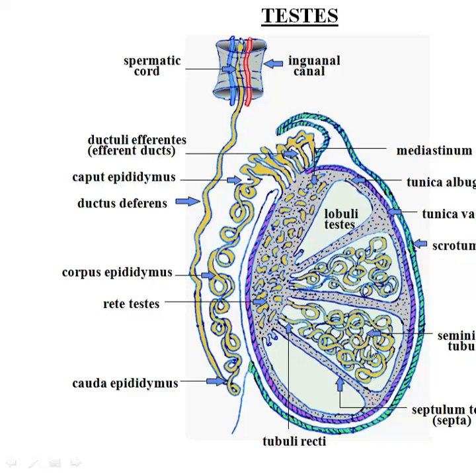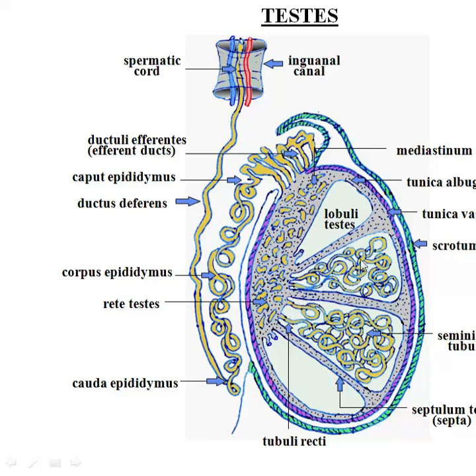We are supposed to learn the histology of this tubule, the transverse section of the seminiferous tubule, rather than the entire cross section of a testis. In the next few slides we will see the detailed histological structure of this seminiferous tubule.